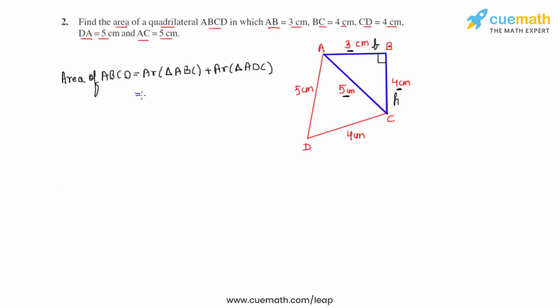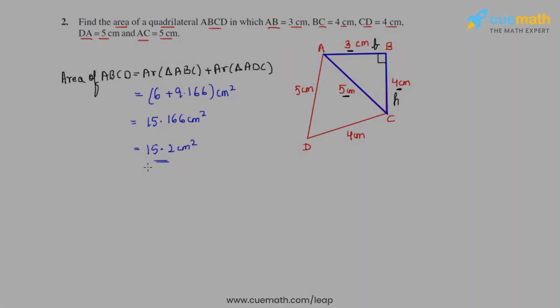So we write 6 plus 9.166 centimeter square. So that comes as 15.166 centimeter square, which is approximately equal to 15.2 centimeters square, and that is the area of the quadrilateral ABCD.